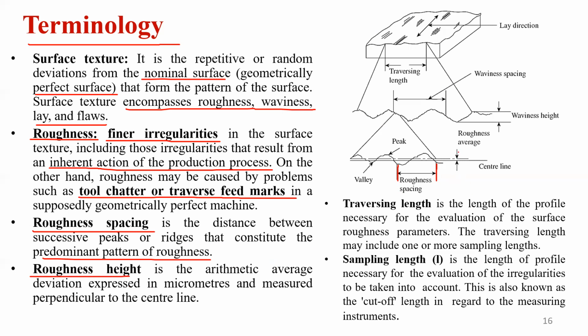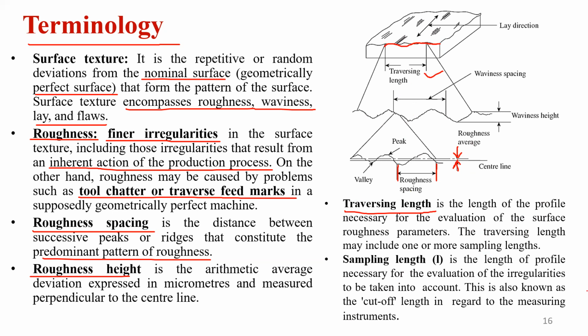And what is the roughness height? It is the arithmetic average deviation, in micrometers, measured perpendicular to the center line. That is called the roughness height. And what is the traversing length? Traversing length is the length of the profile necessary for the evaluation of the surface roughness parameters.